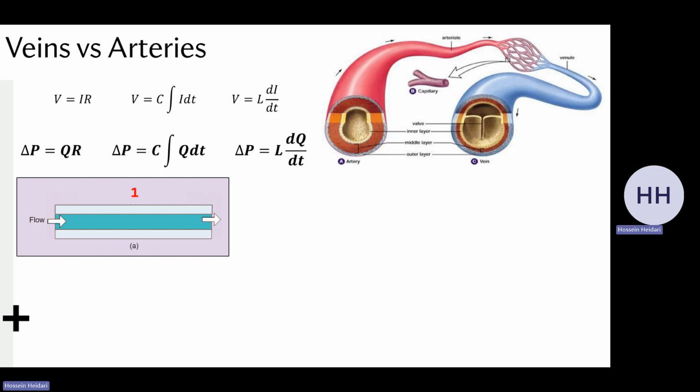So can you see this in the design of the cellular tissue? Veins are much thinner, a lot more epithelial cells and endothelial cells. The middle tissue is much less thick.